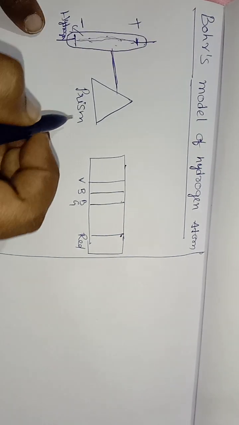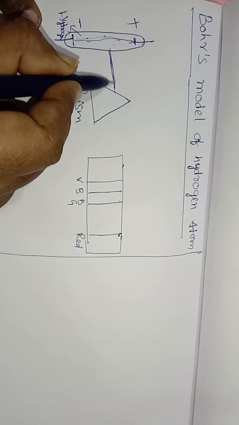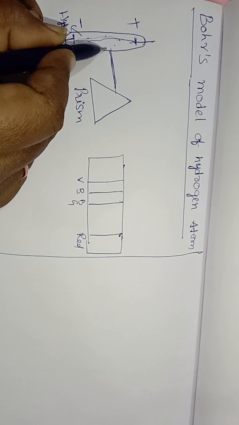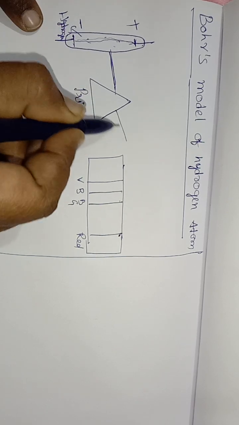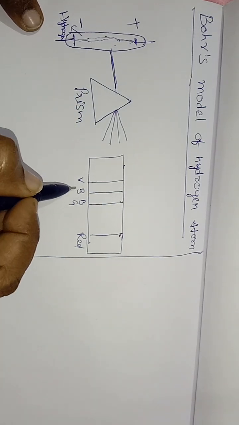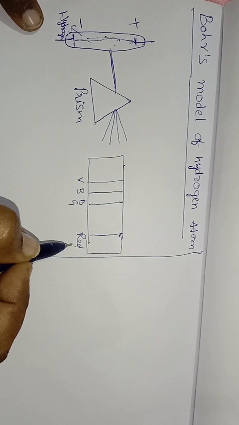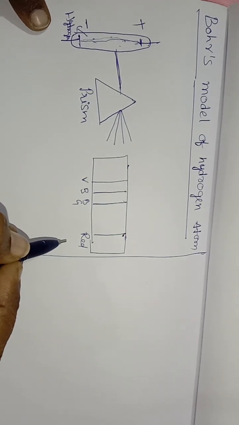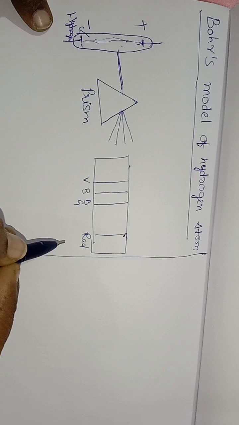The prism splits the energy coming from this vessel into four colors. These colors are violet, blue, blue-green, and red. This is the basic experiment behind Bohr's model of the hydrogen atom.